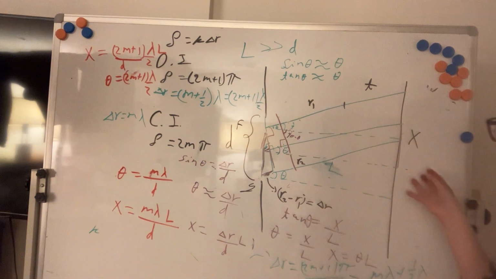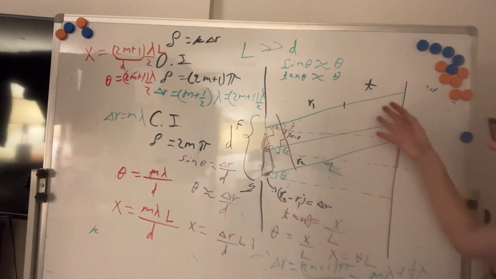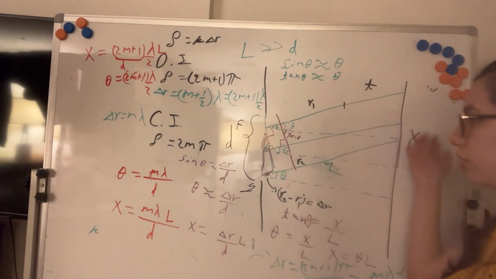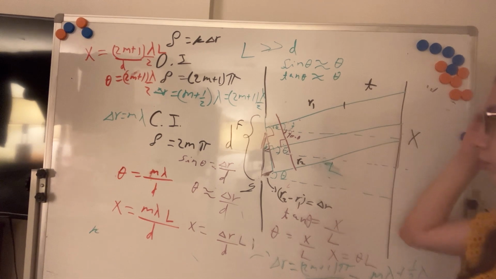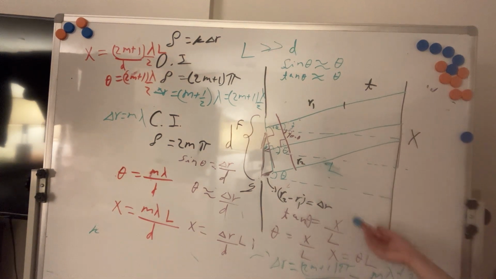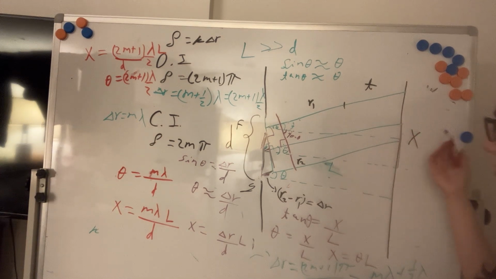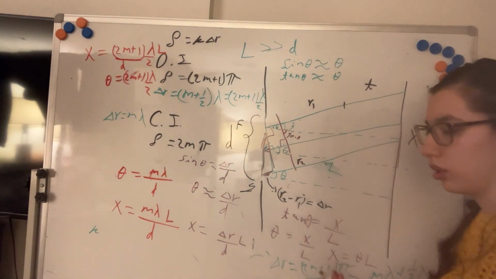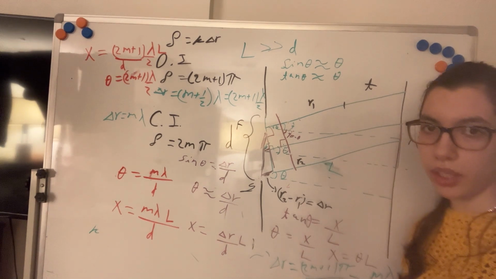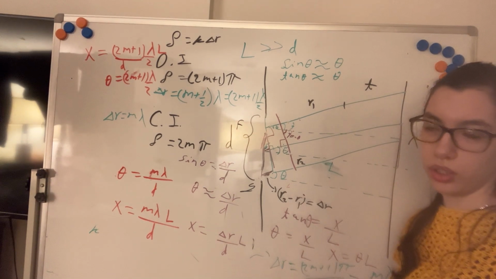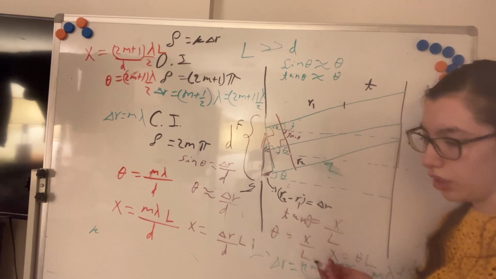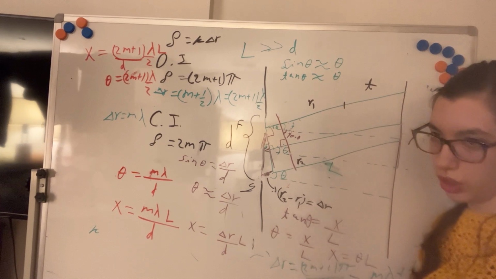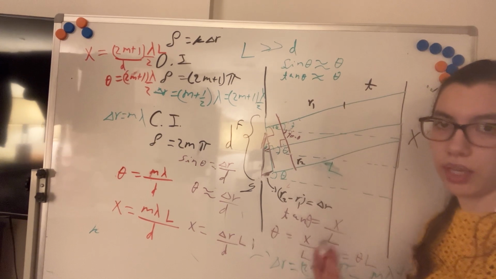So the difference between a node and another node is lambda, and the difference between an antinode and an antinode is lambda, and the difference between a node and an antinode, or antinode and a node, is half lambda.